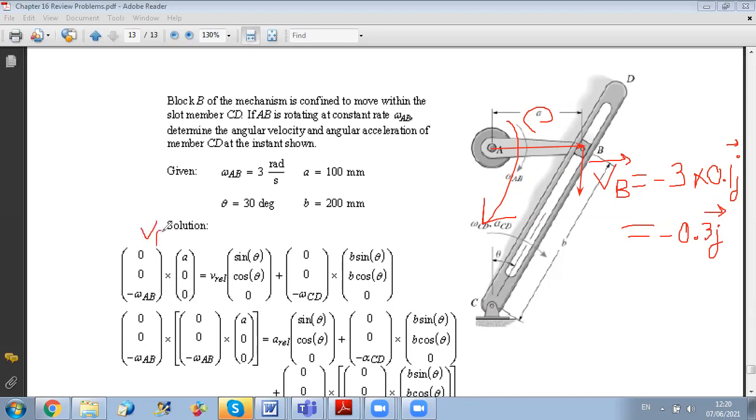VB absolute is equal to VC, which is 0 because C is fixed, so this term will cancel out, plus V relative, which is the relative velocity of B with respect to the rod CD, plus omega of the rod, omega CD, vectorial CB.